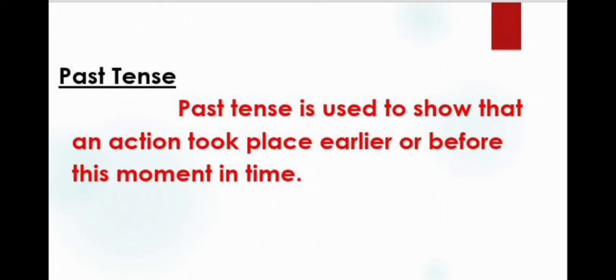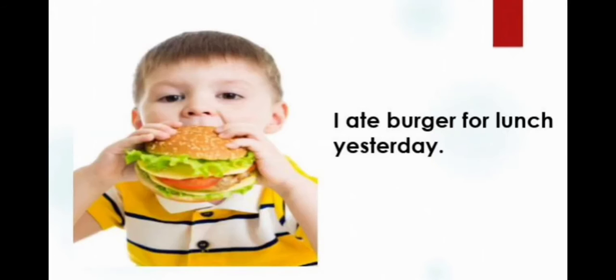It will be more clear with the help of this given example. I ate burger for lunch yesterday. Now, yesterday is telling us something which has happened earlier. So, this is in the past. So, past tense is used to show that an action took place earlier or before this moment in time.